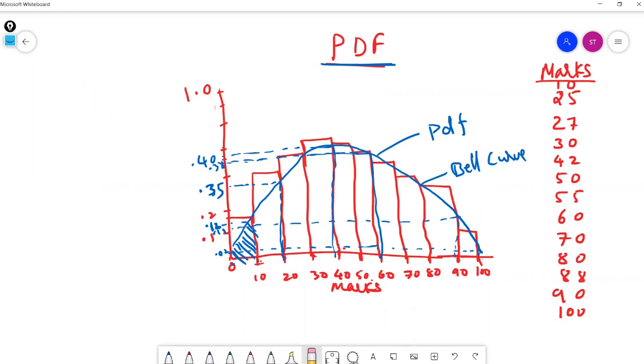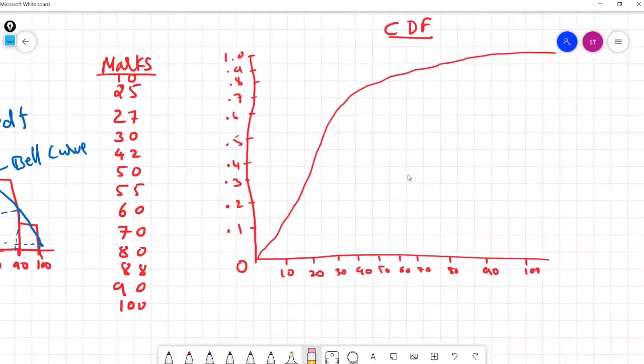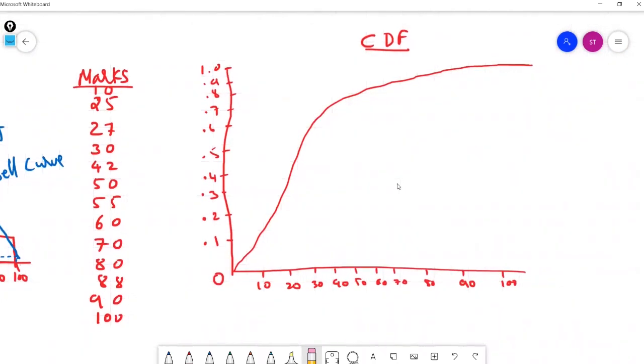Now what I will do is use the same data and see what the CDF is. CDF is the cumulative density function. Earlier we have seen this in this diagram, and it was looking something like this. Here I have the same marks.